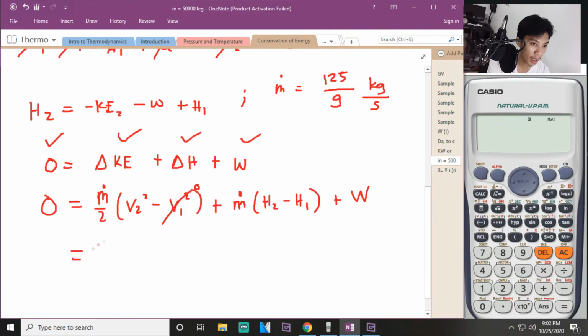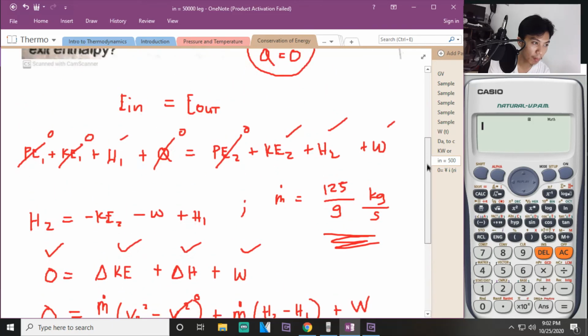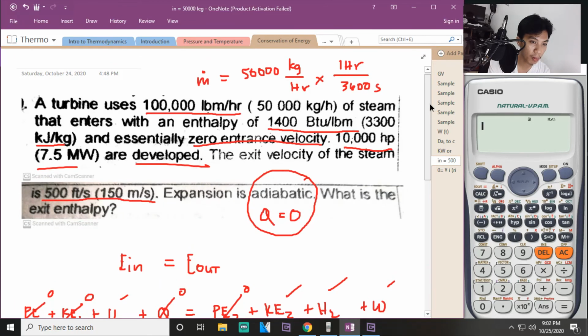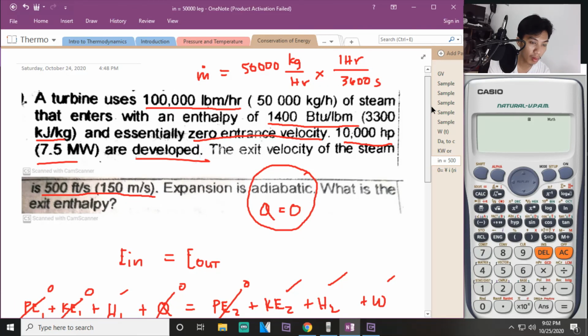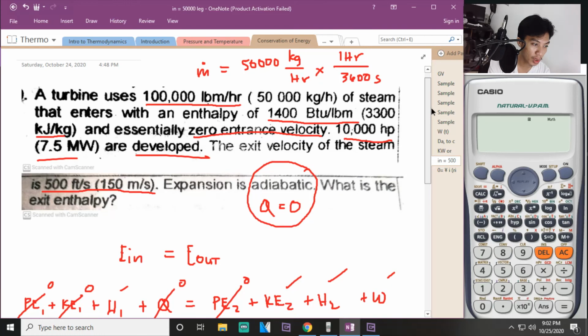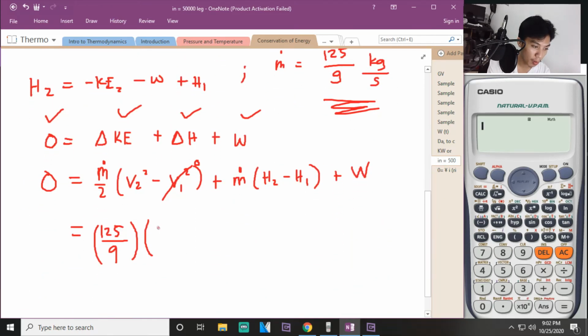And then, ano ba yung M natin? Ito yung M natin. Okay? So, 125 over 9. Tapos, yung V2. Ano ba yung V2 dito? V2 is 0 entrance velocity, 150 meter per second. 150 divide by 2. Square natin to. Pero kasi ang lalabas dito is in Newton meter, kailangan natin ito i-divide pa rin ng 1,000 para maging kilojoule. Okay?